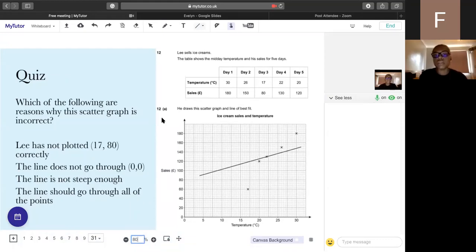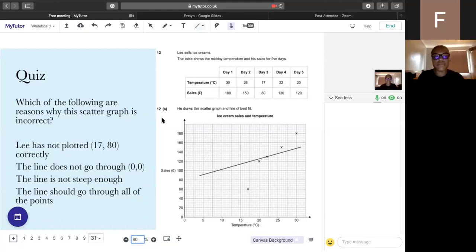He's drawn this scatter graph and his line of best fit. Now, which of the following are reasons why this scatter graph is incorrect? There are 2 reasons, so you could pick any 2 of the 4, which would be the correct reasons why his graph is wrong. I'll let you have a look.